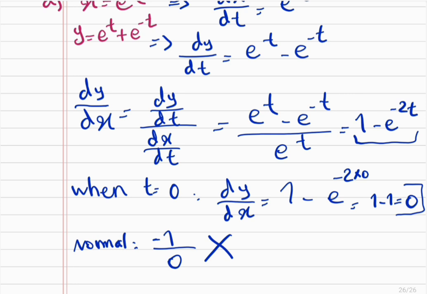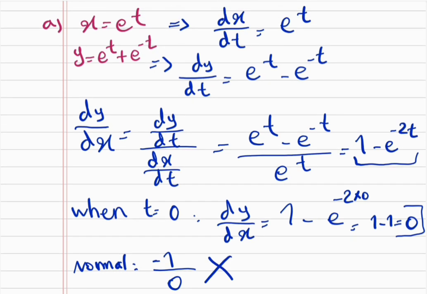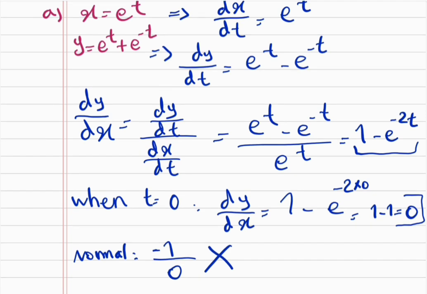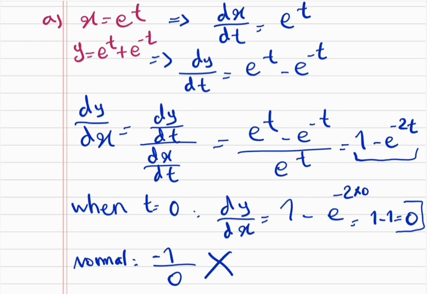But what we can do instead is use a trick that applies to this specific type of question, when we have parametric equations, because we already know that the value of t is 0. So now let's substitute t is 0 into the two equations of x and y to get the values of x and y when t is 0.